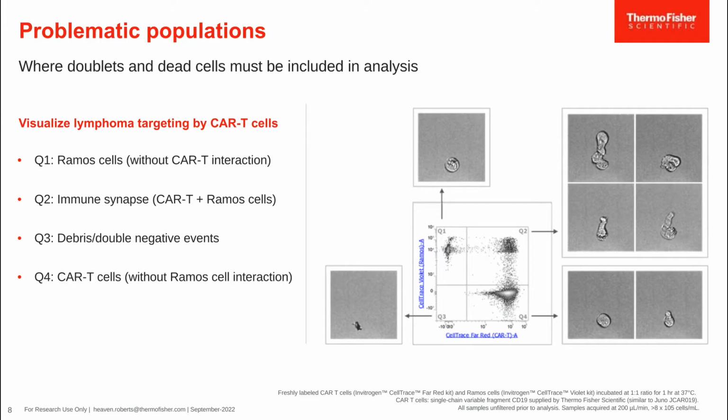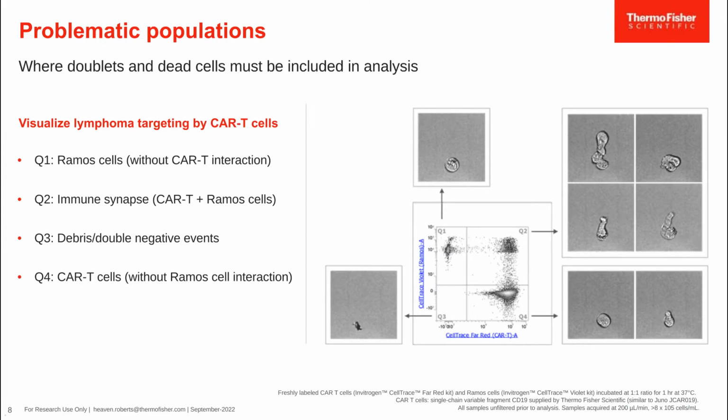But the actual placement of those gates can vary quite a bit from sample to sample, and depending on your incubation times and the efficacy of the T cells that you've introduced the CAR. So it's important to be able to look at those images and see where the actual population cutoff is, what is debris, but also we can learn a lot about the timing and the methods behind how we measure these outcomes.